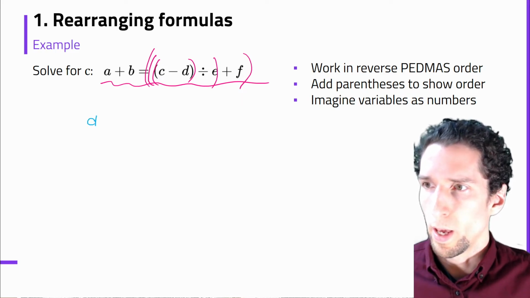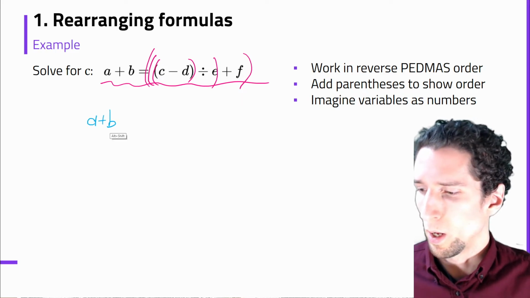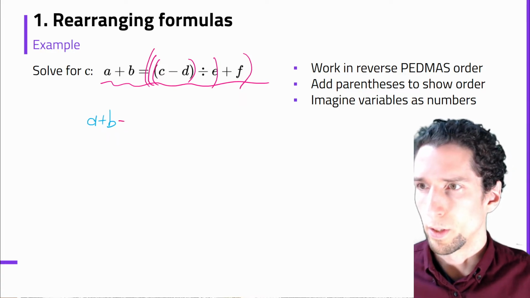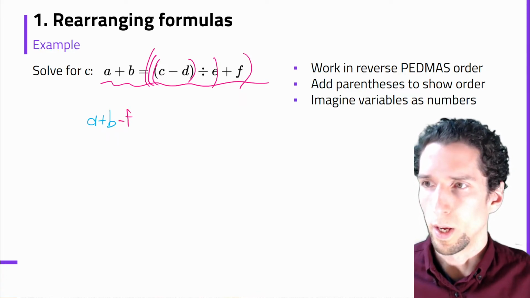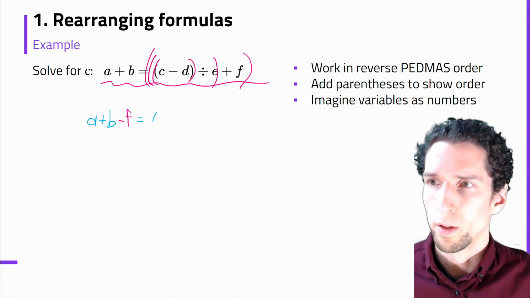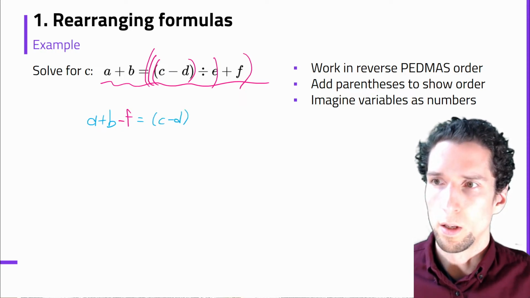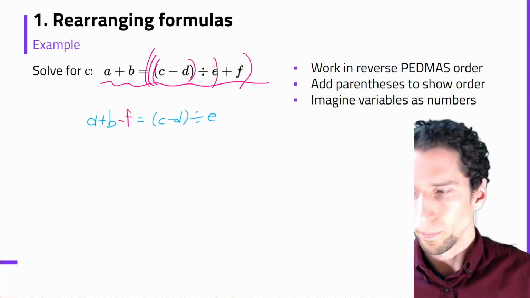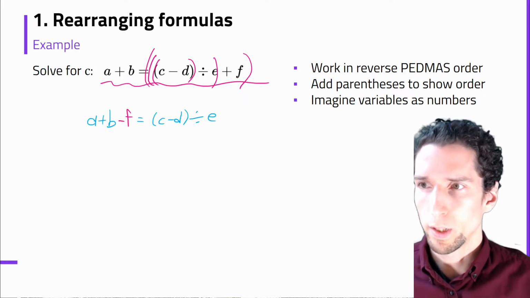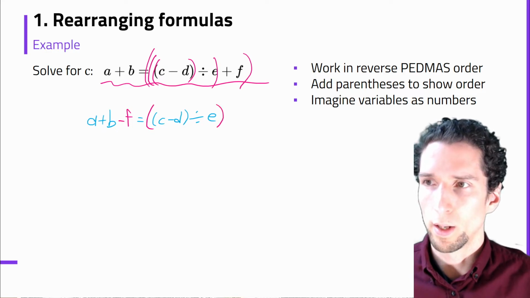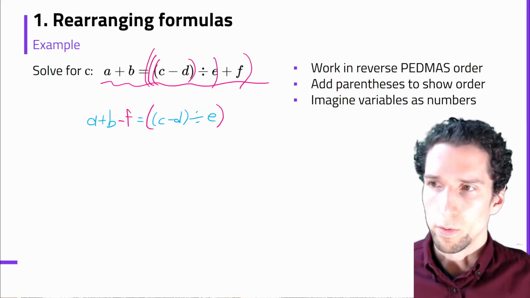I'll just skip that part to save us some space. So A plus B, let's do it in color, minus F equals C minus D divided by E. Okay, so we did that part. We still have these second outer brackets to deal with.